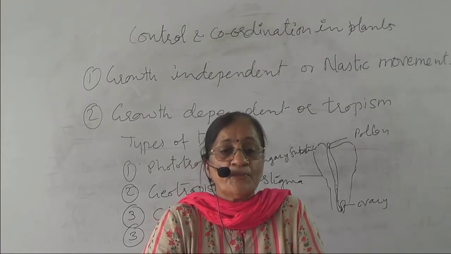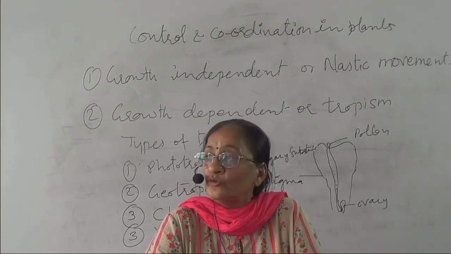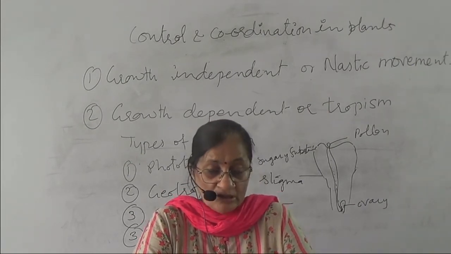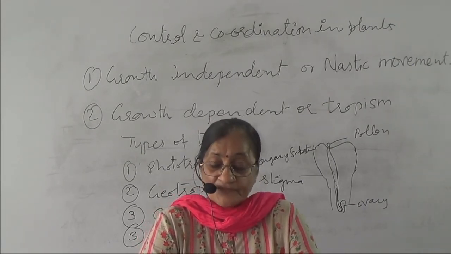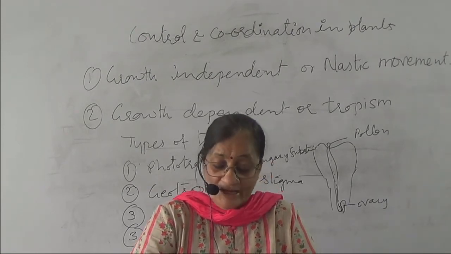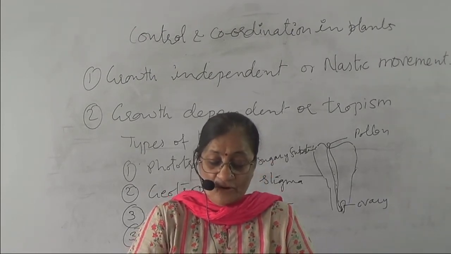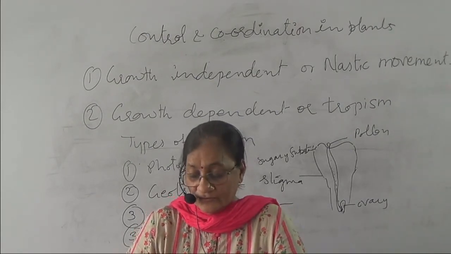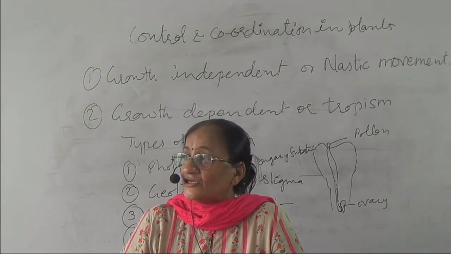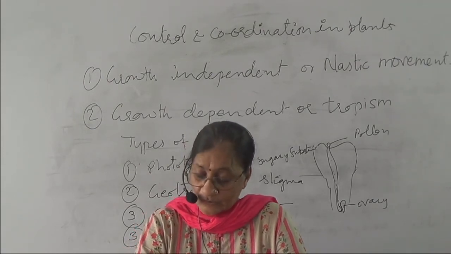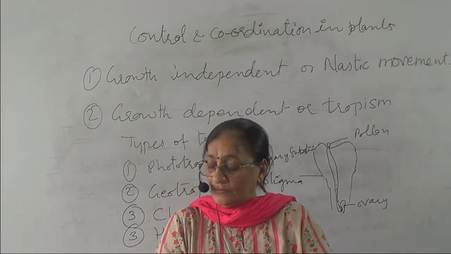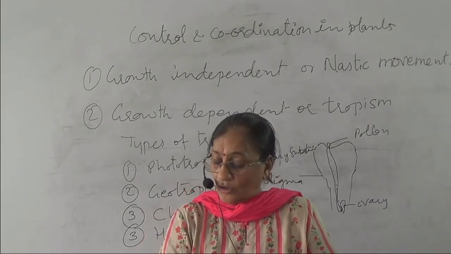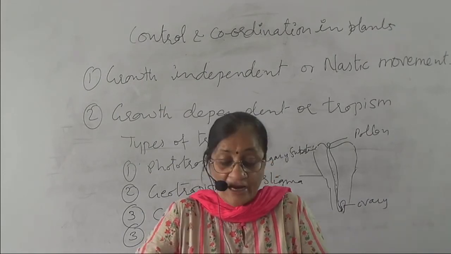Mean hydrotropism mean the directional movement of plant part in response to the water stimulus. For example, we see roots always search for water, so they bend towards the water. And they show the positive hydrotropism, and the stem always moves away from the water. This is called as negative hydrotropism.